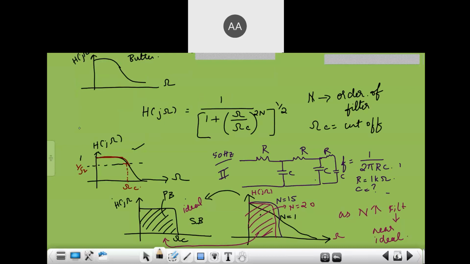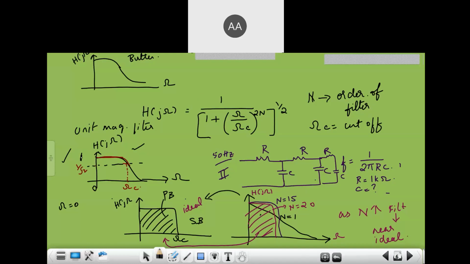You are taking a unit magnitude filter. Write this diagram and then write down whatever I am writing. So this is 0. H of j0 means when omega is equal to 0, what is the value of H of j omega? It is 1, right? That is the meaning.